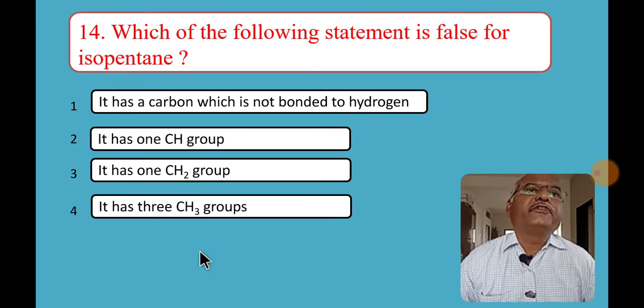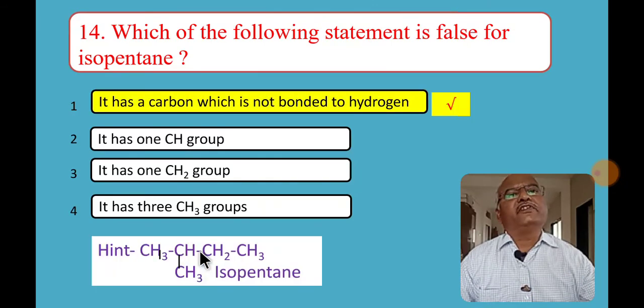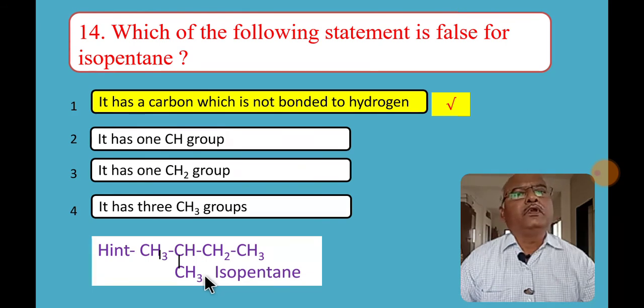Read the options. Select the correct answer. Option 1 is the correct option. It has a carbon which is not bonded to hydrogen. I have shown here the structure of isopentane.